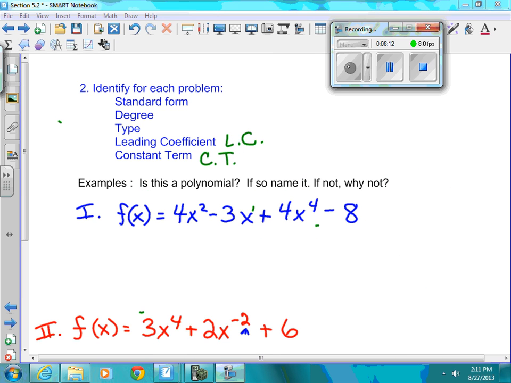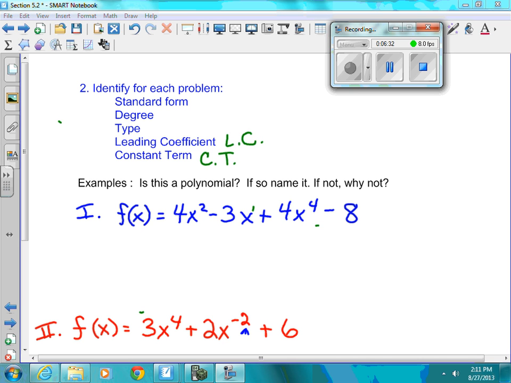For the following examples, I'm going to ask you to do a few things. I'm going to give you an equation. Number one, tell me, is it a polynomial or not? If it is, name the type of polynomial. If it isn't, then tell me why it's not.